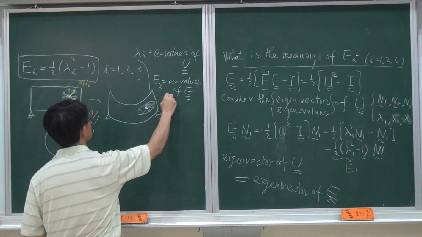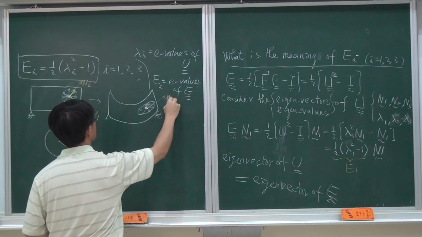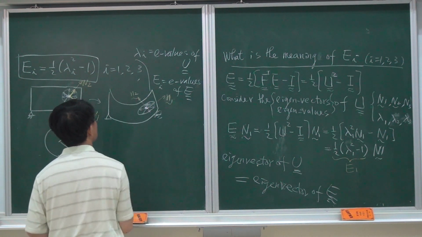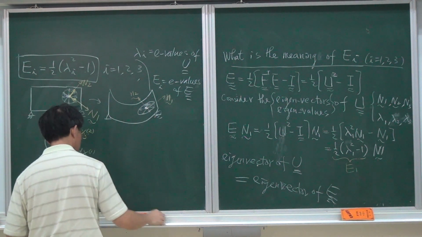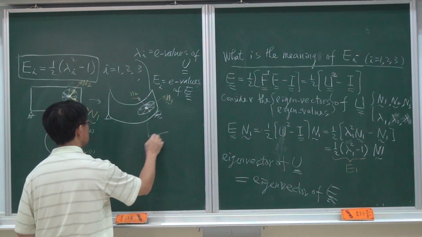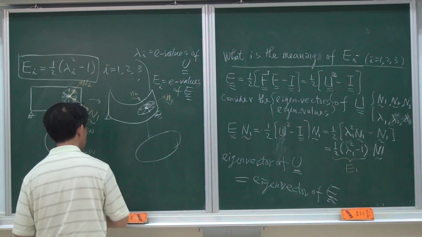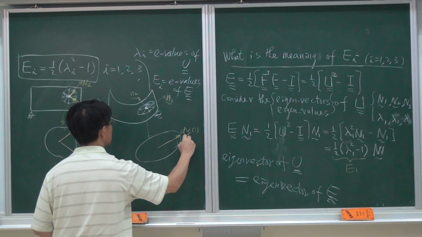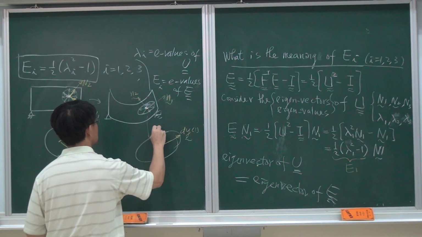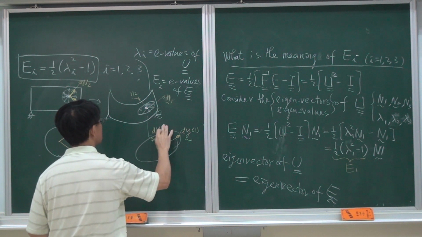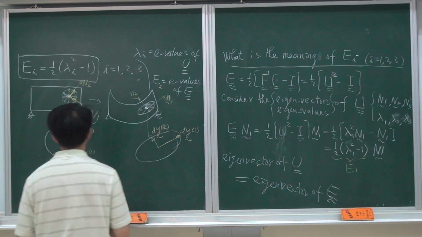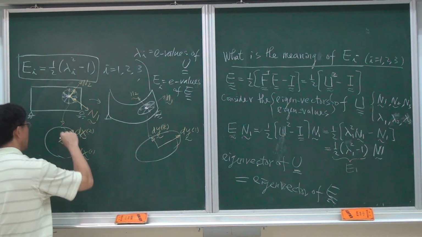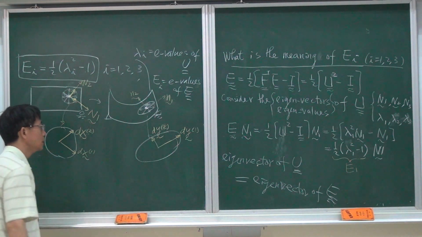This is the N1 direction, small n1. This material line will be deformed into here, and this material line will be deformed into here.